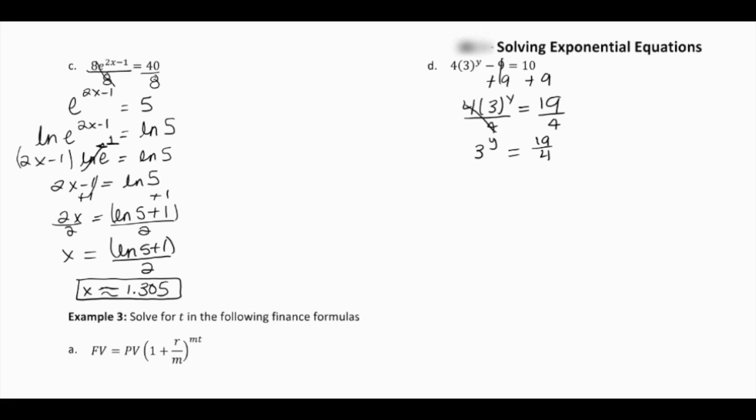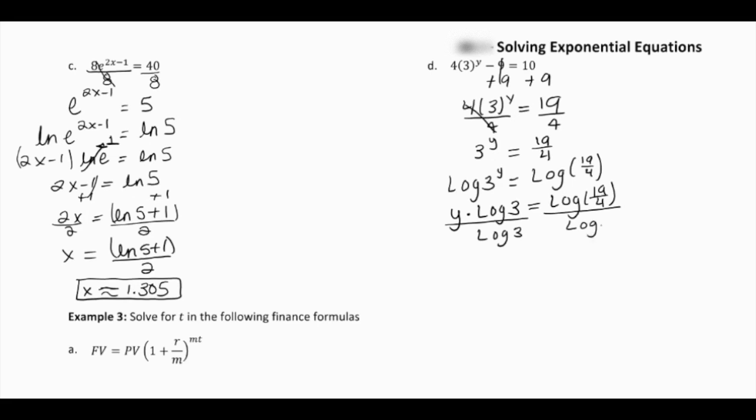From here we take the log on both sides. So log of 3 to the y equals log of 19 over 4. We apply the power property of logs. So y times log of 3 equals the log of 19 over 4. Divide both sides by log of 3.